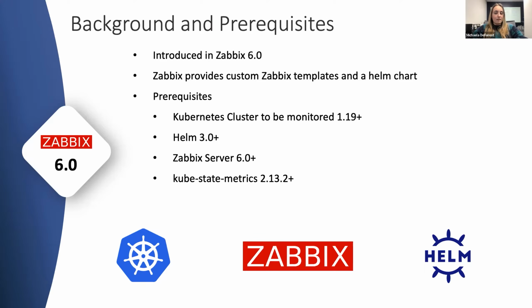You'll also need an existing Zabbix server that's on Zabbix 6.0 or above. Kube state metrics will also be installed by default with the Zabbix Helm chart. You can also use an existing deployment if you have one. Kube state metrics will also expose information about the state of objects in your cluster as an API endpoint.